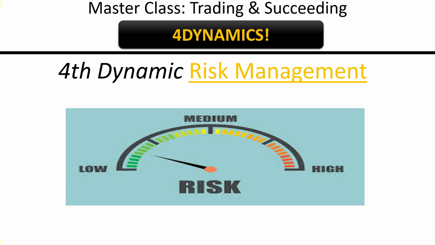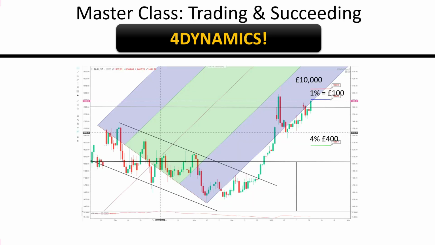People with high risk tolerance like to trade a higher percentage of their account. So if you can imagine, let me go onto the chart here to explain it. If you've got a £10,000 account, and you're willing to say, right, I want to put up 1% of that account balance, which is £100, but the market has to be able to give me the potential of taking £400 out of the market.